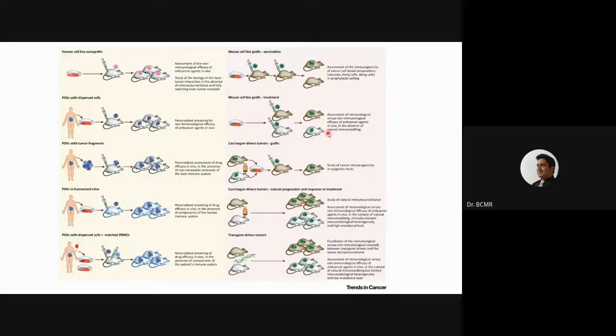If they are not good, if there are any serious side effects, we wouldn't have tried them on humans. That's why humanized mice are very important for research and also in preclinical studies.